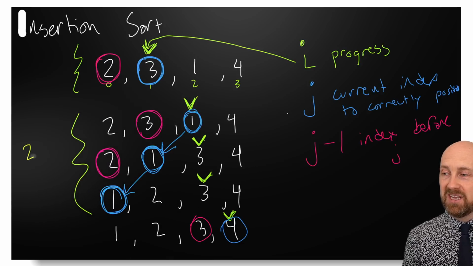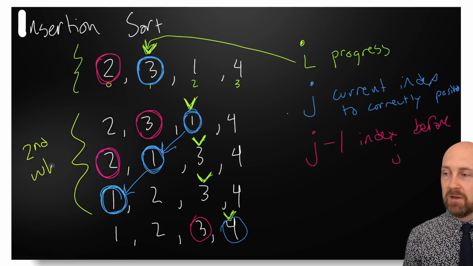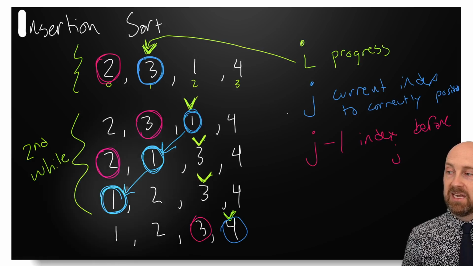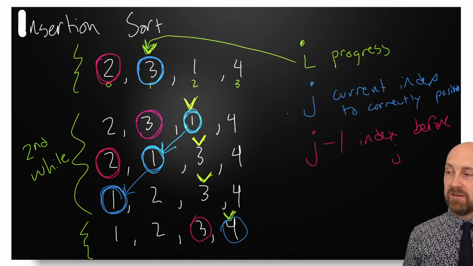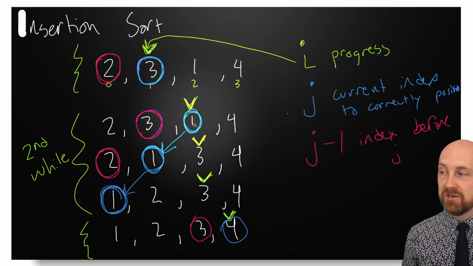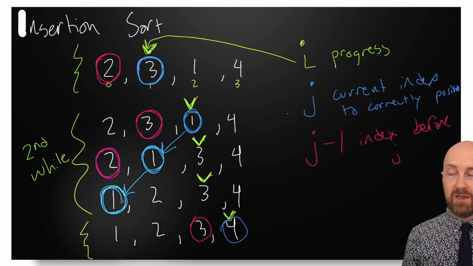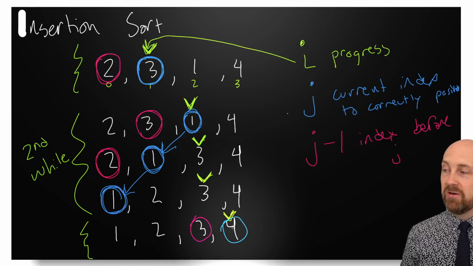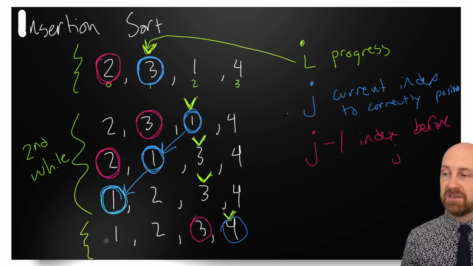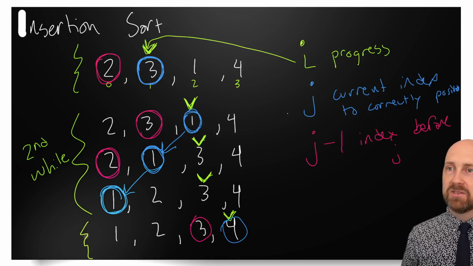So this is going to be our second while loop that is taking care of swapping 1 back, right? And then once we complete this iteration and make sure that 1 is correctly in its sorted place, we're going to move that cursor forward, or the progress arrow forward, the I variable to the last item, and that will be the last loop. Right? So let's take a look at this.